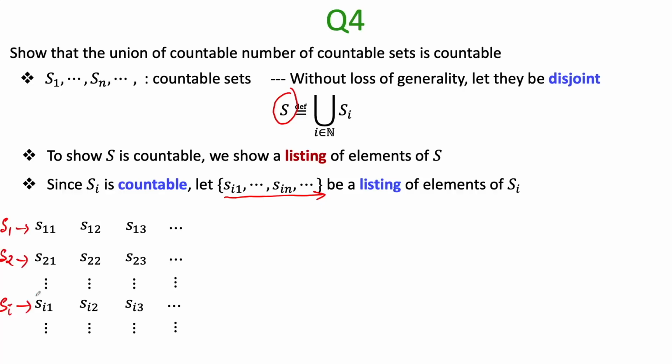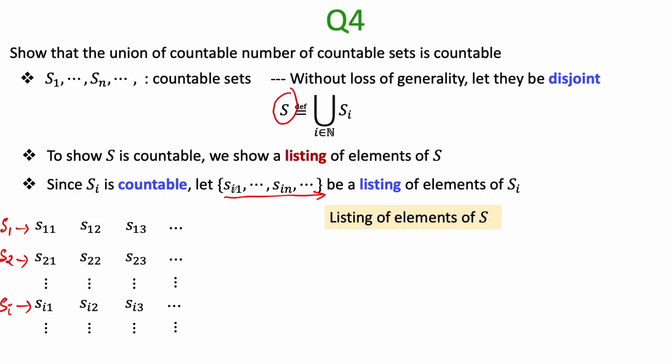Now based on all these listings, I have to come up with a listing of all the elements in the set S, so that I will not be missing any element, and we will never get stuck infinitely while finding any element in the resultant listing. So here is the way we can list down the elements of the set S. Within each set Si, I have used two indices to denote an element in the listing.